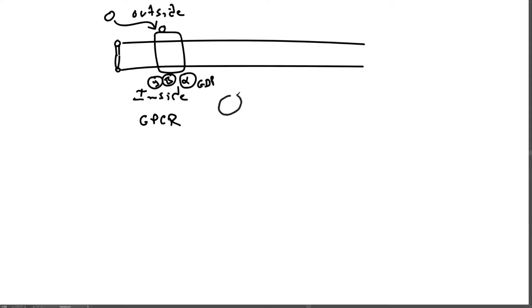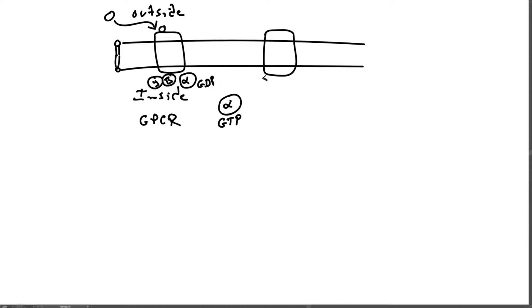So now we have the alpha subunit like this, and it's associated with GTP. Now the alpha subunit can associate with another transmembrane protein called adenylate cyclase.